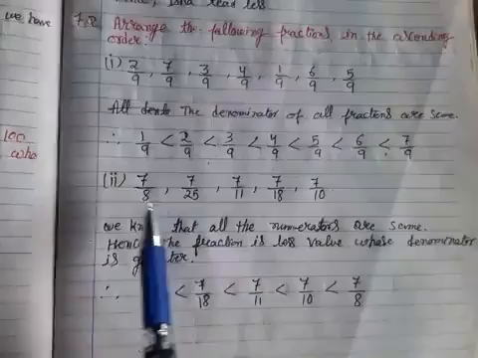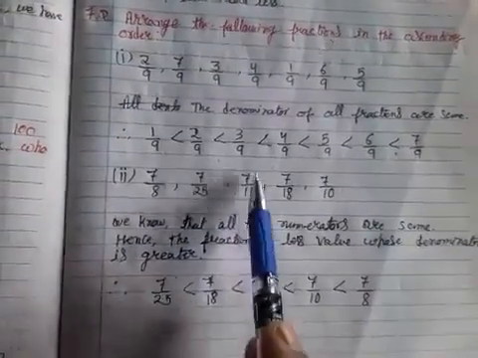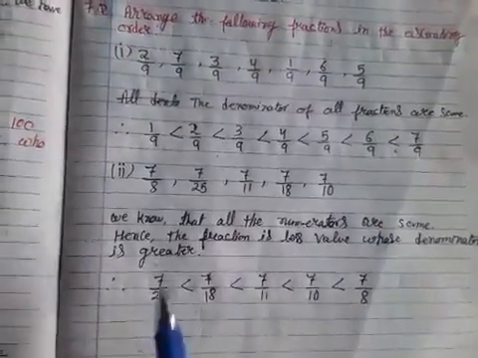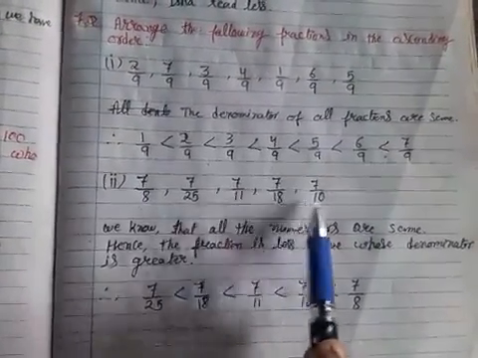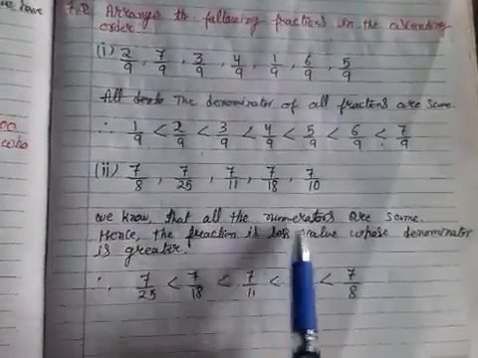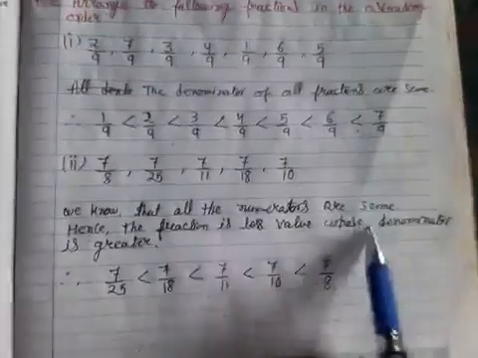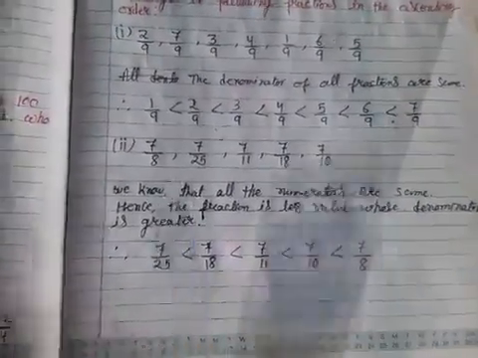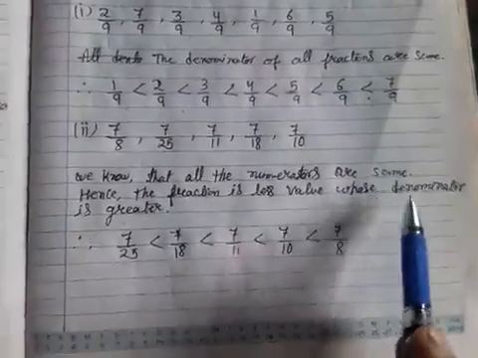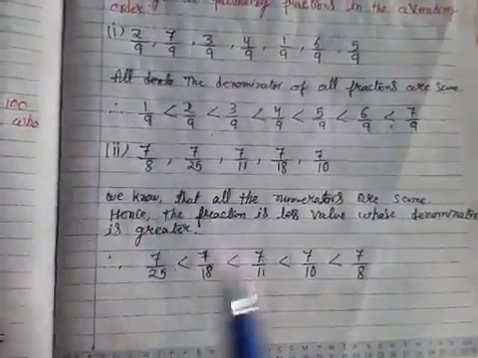Now the second question: 7 by 8, 7 by 25, 7 by 11, 7 by 18, 7 by 10. Now all the denominators are different but the numerators are the same. When numerators are the same, the fraction whose denominator is greater has less value.